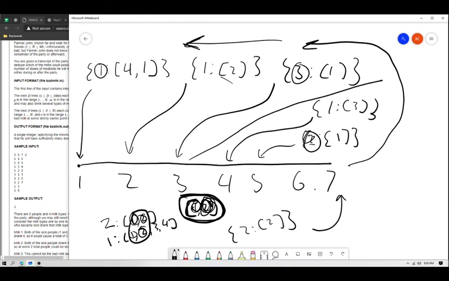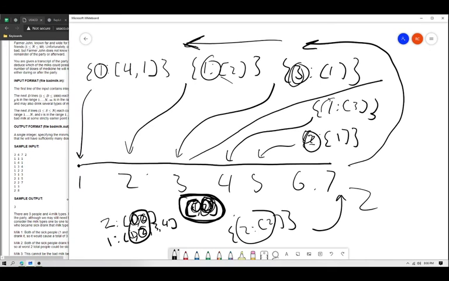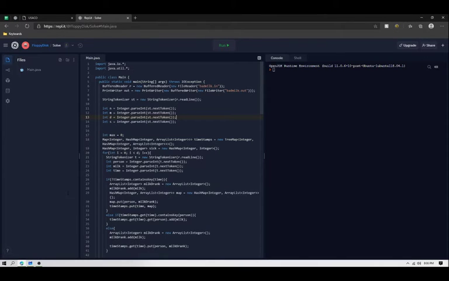We don't want to give everyone medicine, but we want to give medicine to all the people who could potentially have gotten sick, and that includes person 3. So if it's milk 2, we want to give person 2 and person 1 a dose, so that would be 2, but you can see that the output is 3, and so we would take the maximum between those 2. And here is my code doing that.